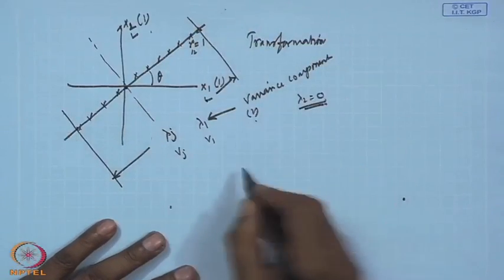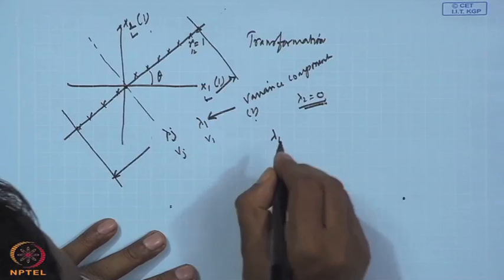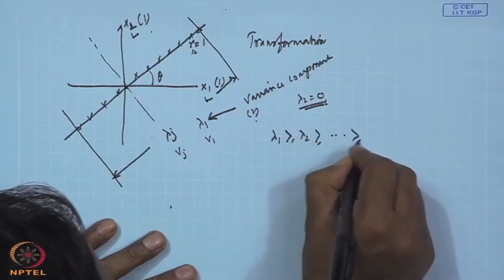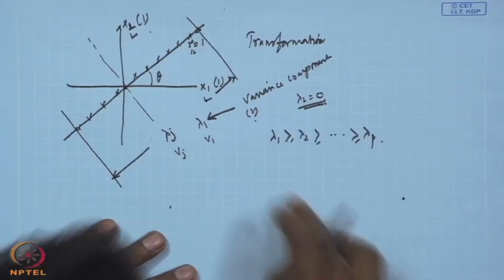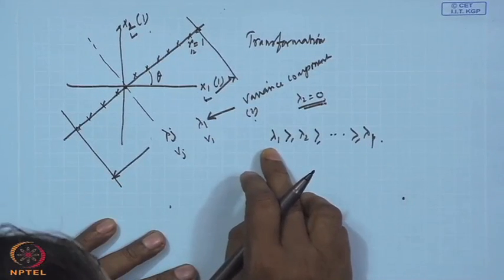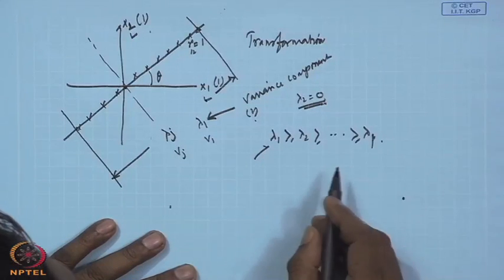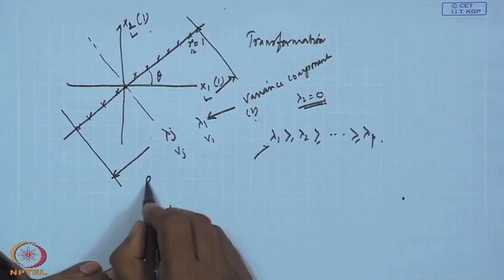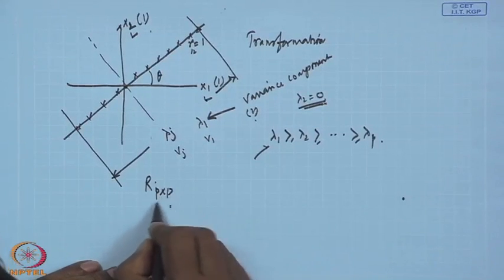Similarly, if there are p such variables, you will get lambda 1 greater than or equal to lambda 2 greater than or equal to lambda p. This way you extract, so the first component will have the maximum, followed by the rest. R is basically p cross p.